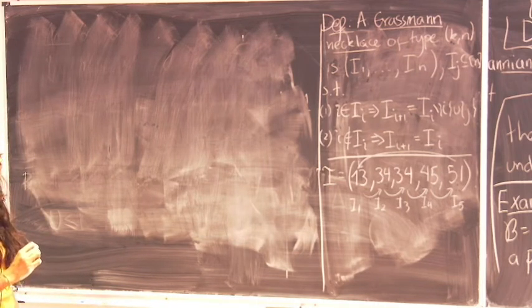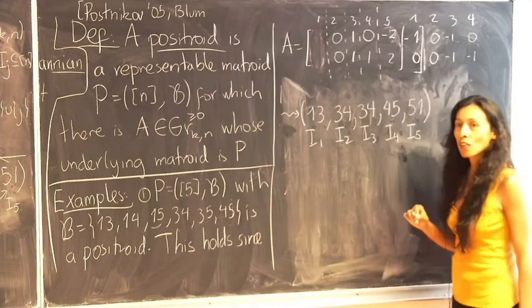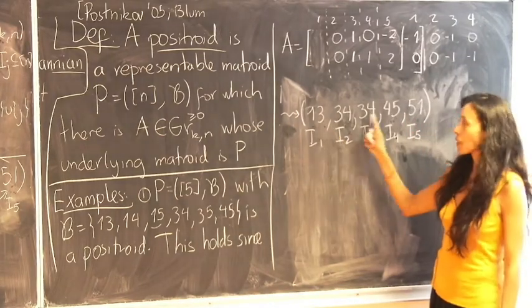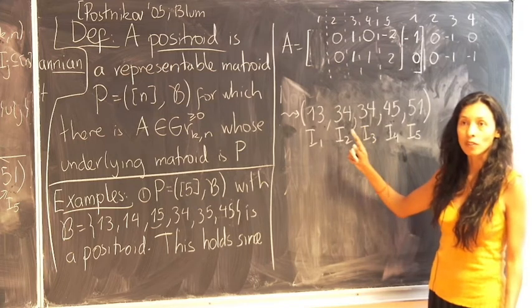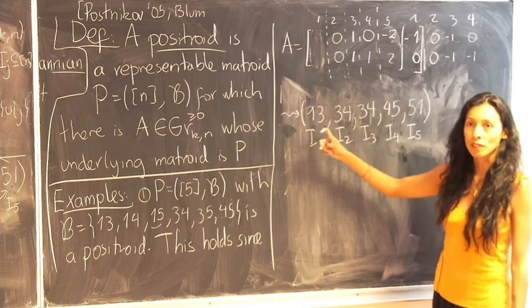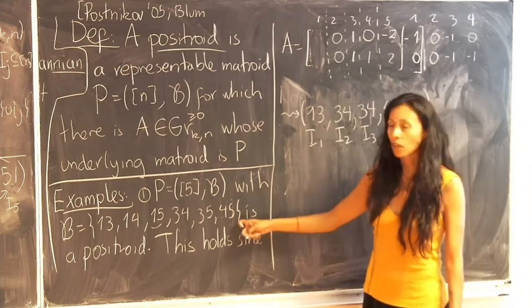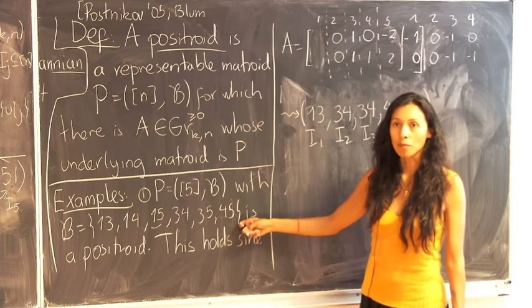In the example we just did, let's go back to it for a second. So this was the Grassmann necklace we obtained, and certainly you can see there are some repetitions. And if you compare the collection of the elements that appear in the Grassmann necklace with the collection of elements that form the basis, you see there is an overlap.